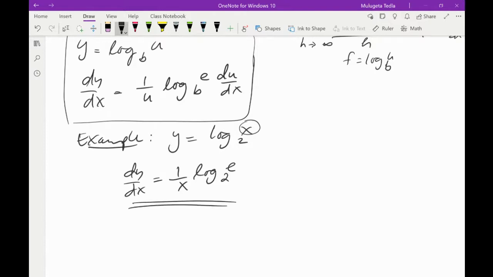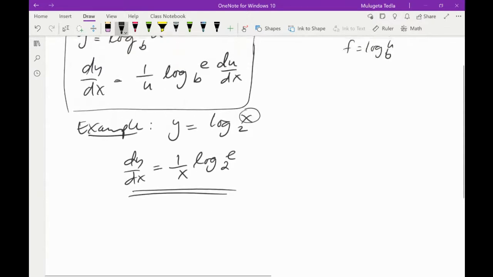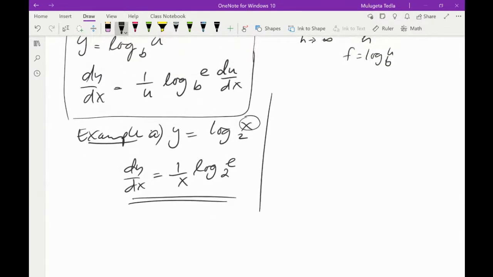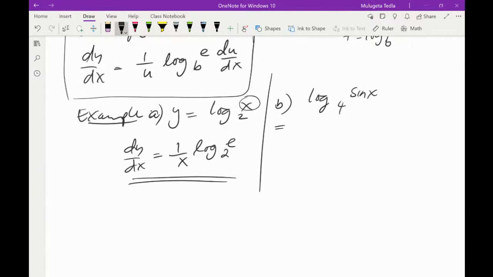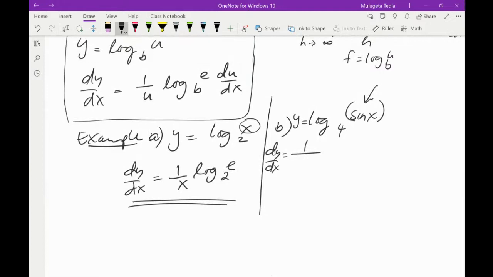So that's the answer. Another example: if I say here a, b, so log of say sine x to the base 4. What is the derivative? If this is that, dy by dx would be, remember, this is your domain, this is your input. What does the logarithm derivative do?